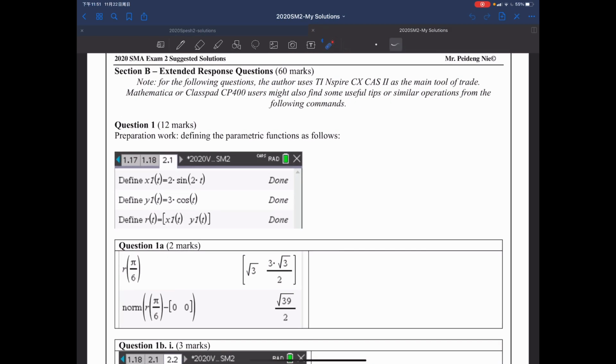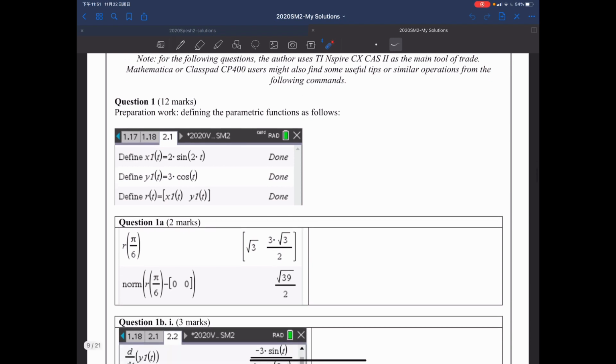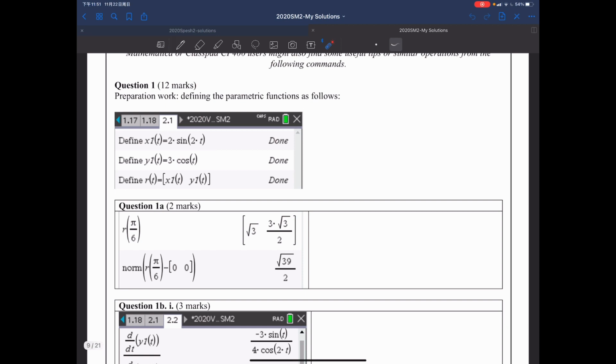On my TI-Nspire, I just define x1 as x, y1 to represent y, and my position vector consists of xi and yj. But to define the position vector in your CAS calculator, you need to use the row vector or sometimes column vector. So the first part of the question wants us to find the distance from the origin at time t equals pi on 6.